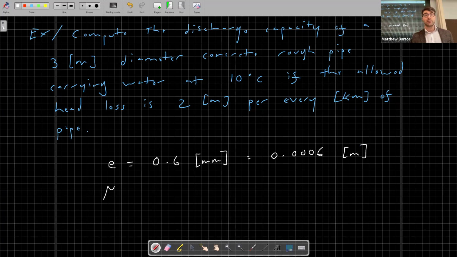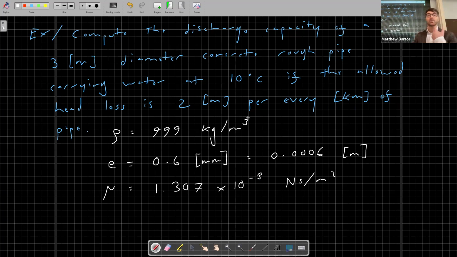Okay, what about the dynamic viscosity? 1.307 times 10 to the negative third, and that is in Newton seconds per square meter. What about the density? Okay, the density is 999 kilograms per cubic meter.